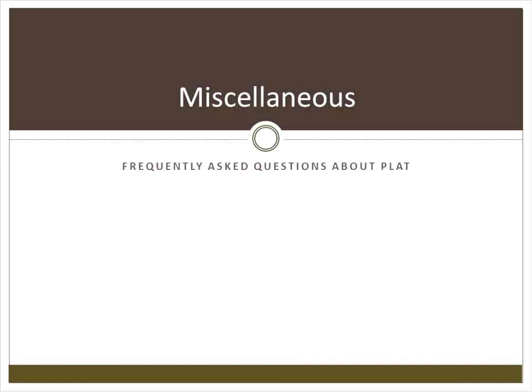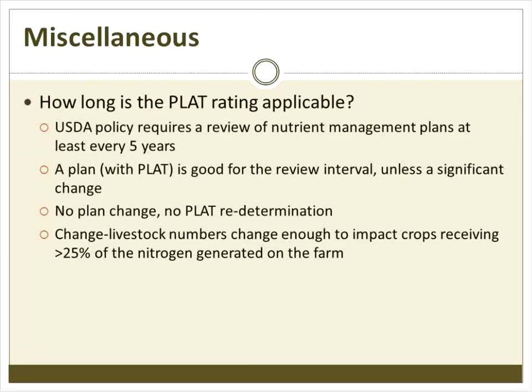So that's it as far as frequently asked questions, but there are a couple miscellaneous things that we'd like to mention. The plat rating is only applicable for as long as the nutrient management plan is, which is at least every 5 years. So you have to determine a new plat rating every 5 years.